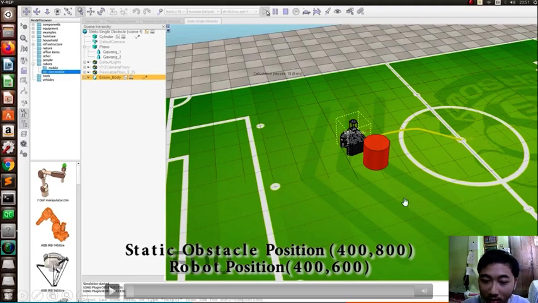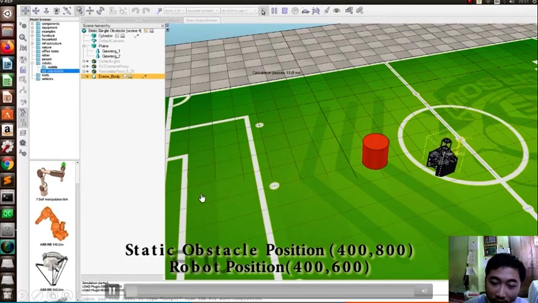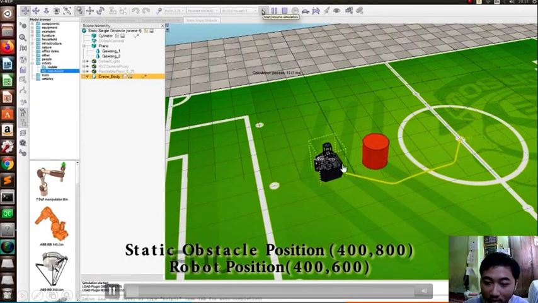This is the initial position, and this is the final position. The robot has to avoid the static obstacle at coordinate 400 and 800 in the field. The robot changes direction to the right of the object and goes back to the path after the distance is safe.